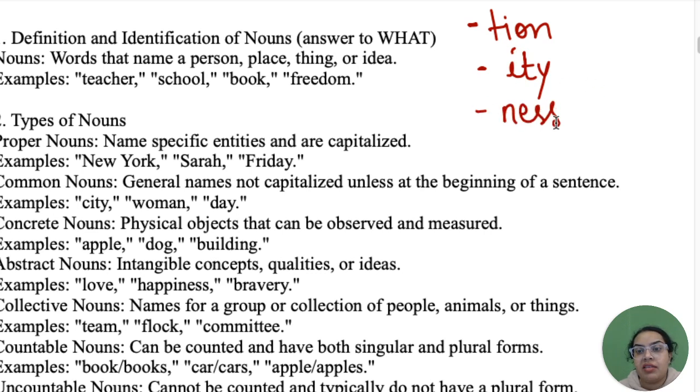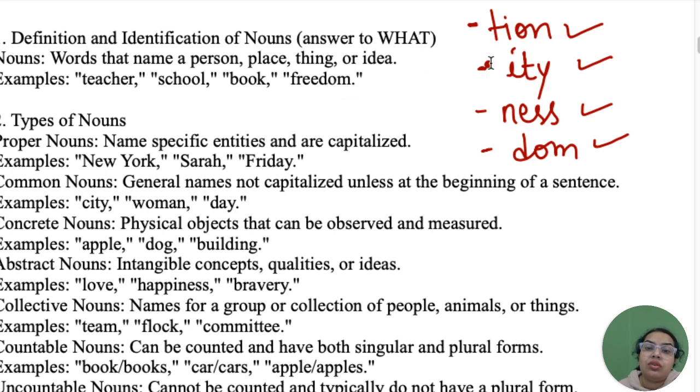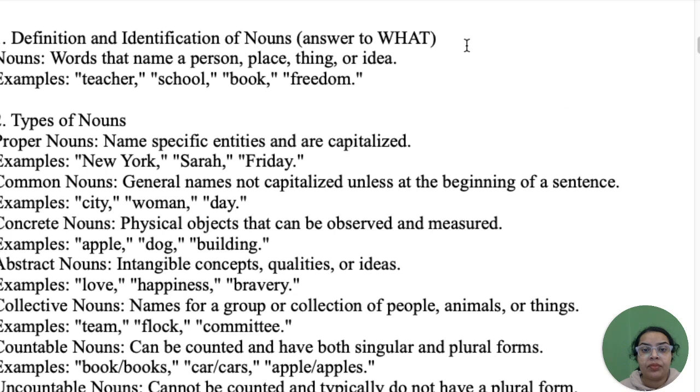Ness, kindness, gentleness. Dom, freedom, kingdom. These are the suffixes that you get. Most of them are these, so you do have a few more, but it can be SION also in shun case. So those are the words which will help you to identify, okay, this word is a noun. Once you know it's a noun, you now have some ideas in your mind, some rules that will help you understand if it is right or wrong.